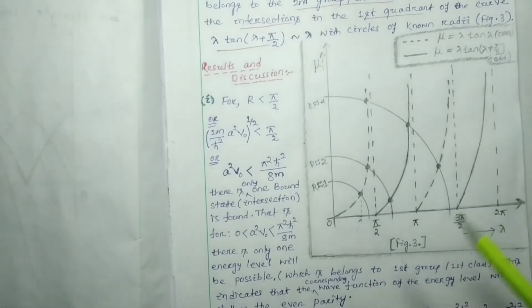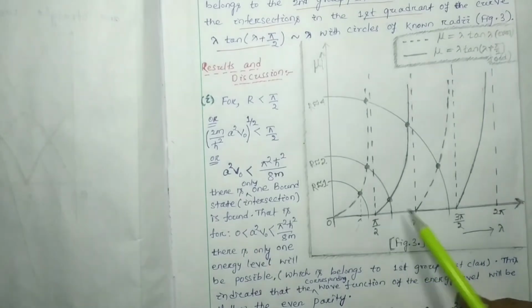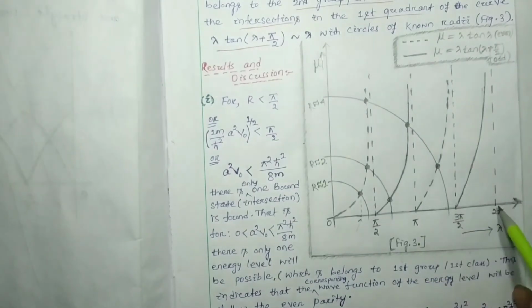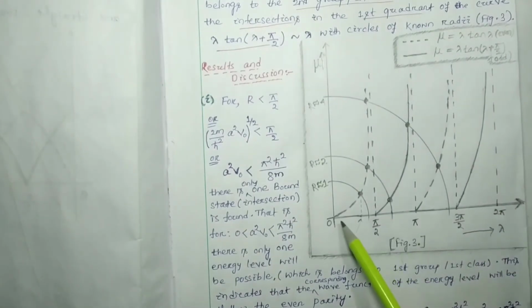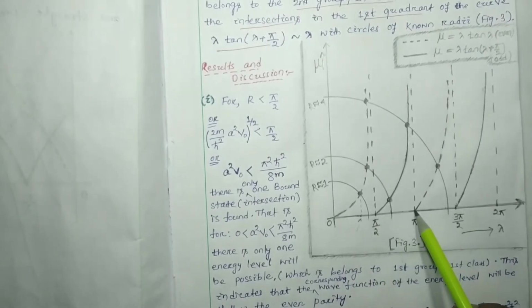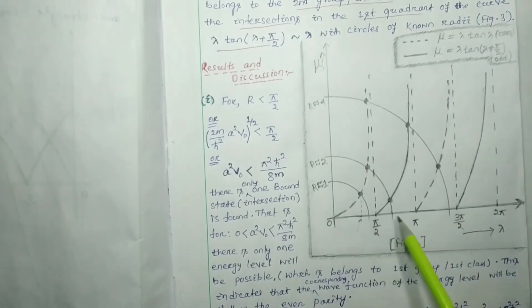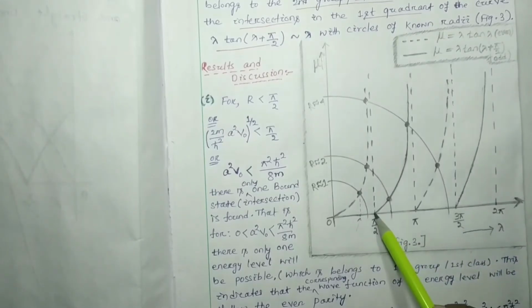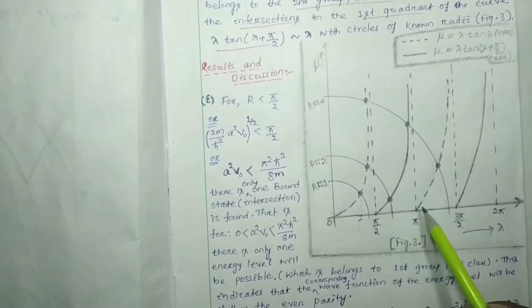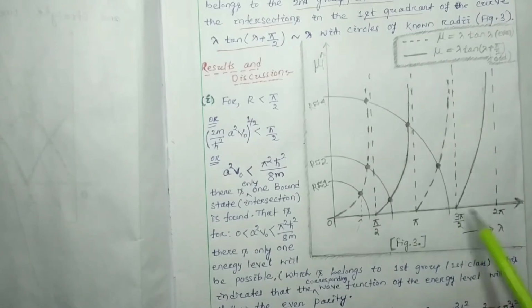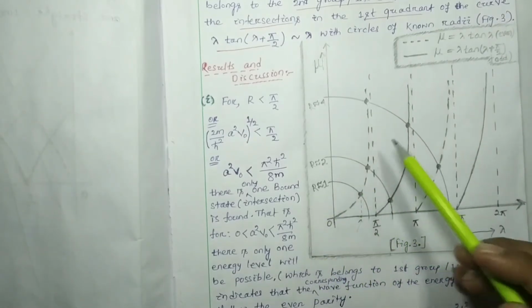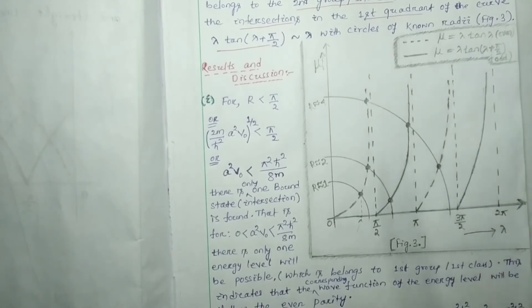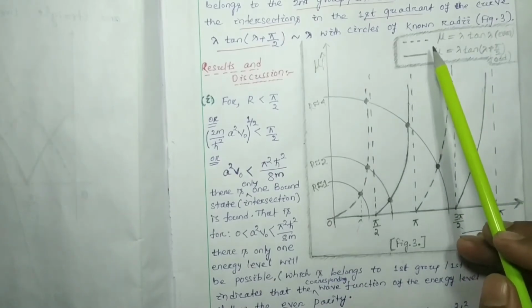You can see pi by 2, pi, 3 pi by 2, 2 pi. With each increase of pi by 2 we move along the x-axis: pi by 2 plus pi by 2 means pi, again plus pi by 2 means 3 pi by 2, like this. Here first you can see the dotted lines.